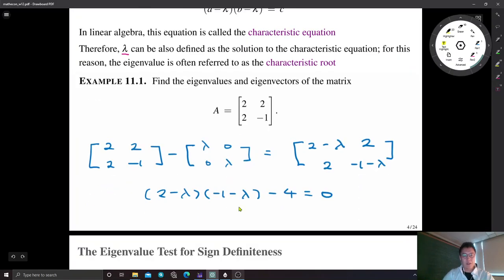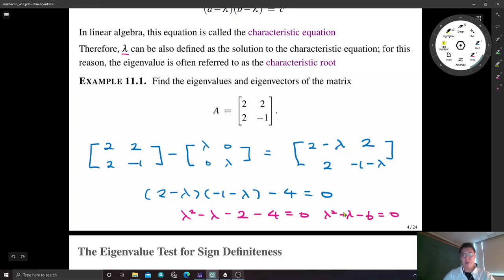So solving this equation for lambda, first distributing 2 minus lambda, I obtain lambda squared minus lambda minus 2 minus 4 equal to 0. So lambda squared minus lambda minus 6 equal to 0.